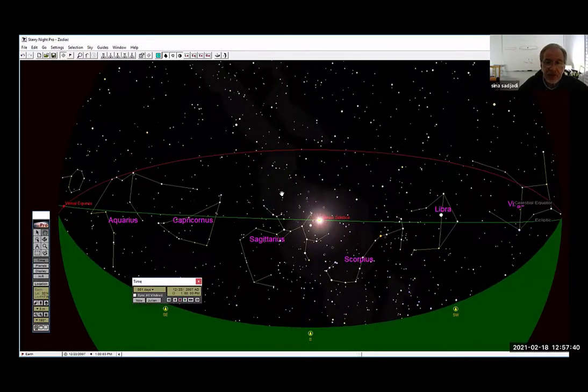This is as far south as the sun is going to get. So here's the celestial equator. It's 23.5 degrees below the celestial equator, south of the celestial equator. And of course, in the background, you see all of these constellations that we call zodiacal constellations. And in astrology, we don't have constellations like this.